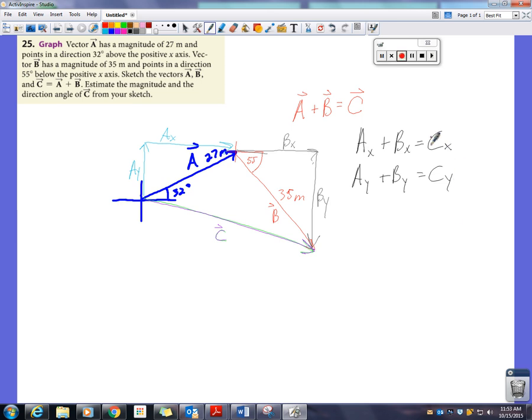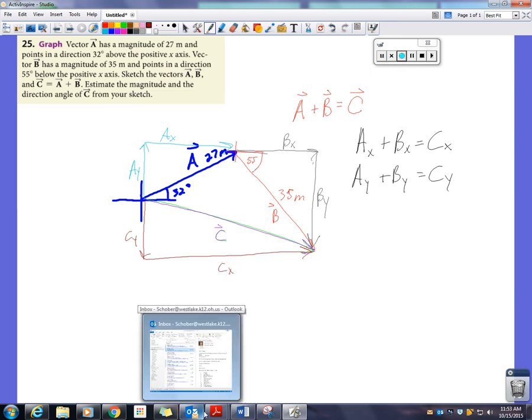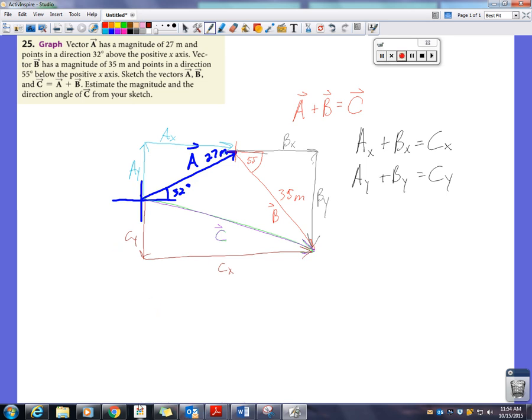When we have those, we can just use them in the Pythagorean theorem to find the value of C. So if I want to draw these in here, CY is going to look like this, and CX is going to look like this. Those are the sums of those components, CY and CX.